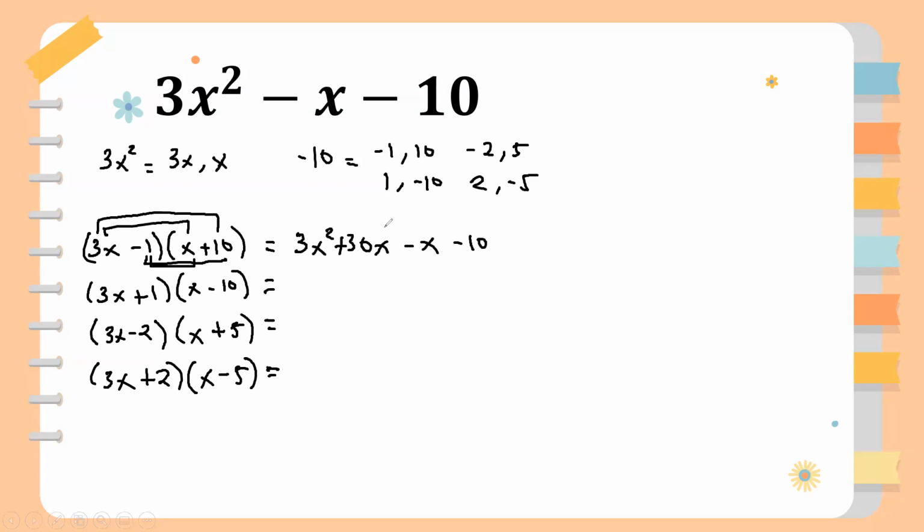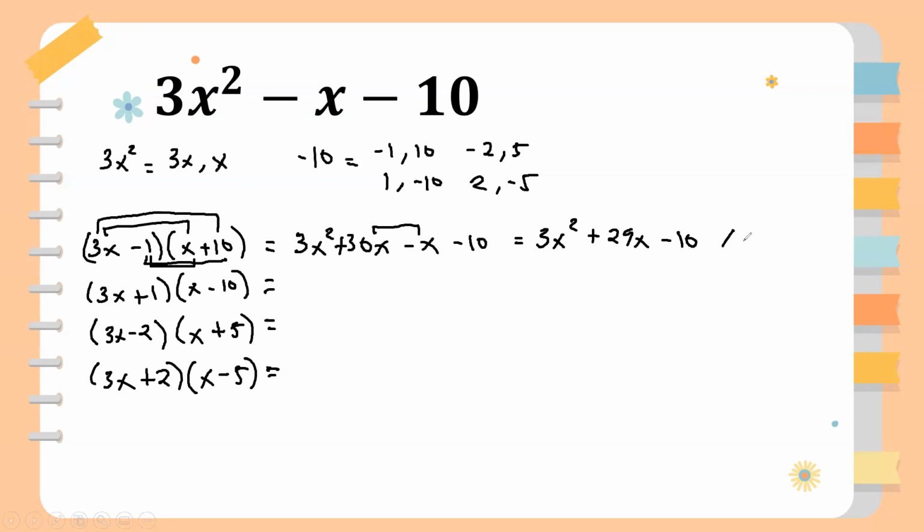So, combine natin si like terms, 30x minus x. Copy muna natin si 3x squared, that is equal to positive 29x. Nag-subtract tayo since they have different signs. So, 30 minus 1, that is equal to 29. Then, kukunin natin yung sign ni 30 since mas mataas siya kaysa kay negative x. Then, copy natin si negative 10. So, hindi siya parehas dito sa original form natin.